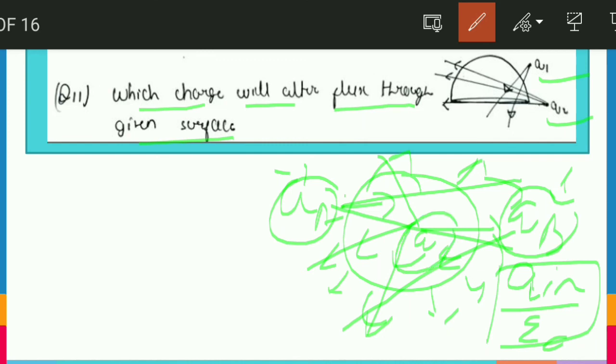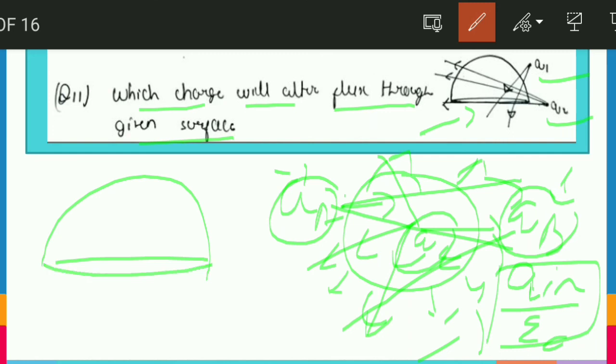So from this we should apply a similar thing here. How? Let's see. This is our surface, so one q1 is placed here. You can see that it is giving electric flux, means it is pushing field through the surface, and there is no other surface that can cover it, so it has a net electric flux on this surface.